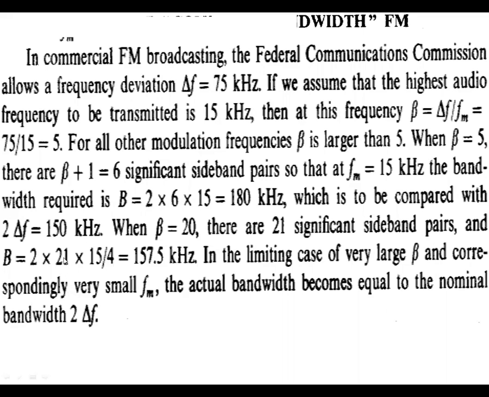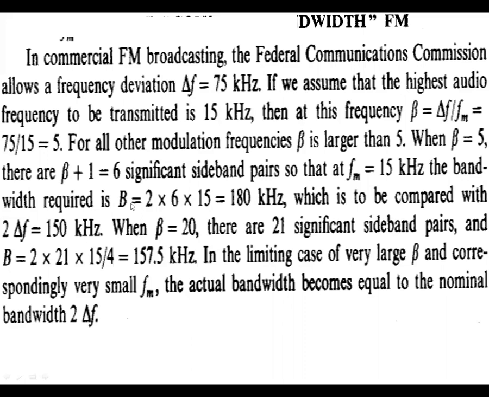Even though N is equal to 21, because beta is equal to 20, FM is considered as 15 by 4, because 4 is the reduction factor here. So that's why the bandwidth is 157.5.